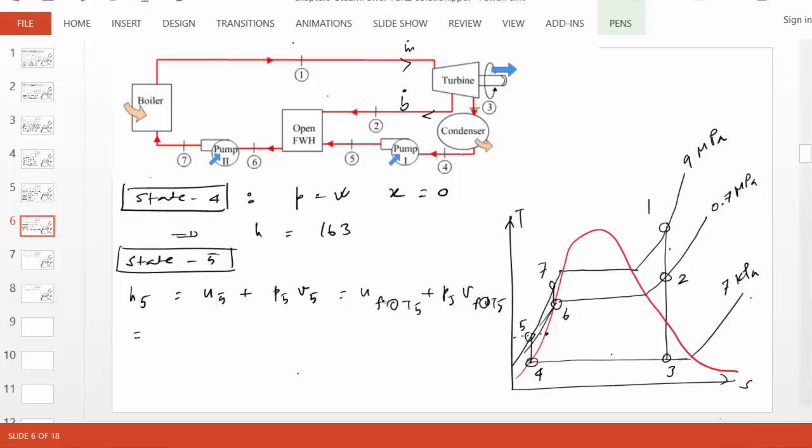So therefore you can write this as f at 4, which is the same as U4 plus P5 V4, which I can write as U4 plus P4 V4 minus P4 V4.